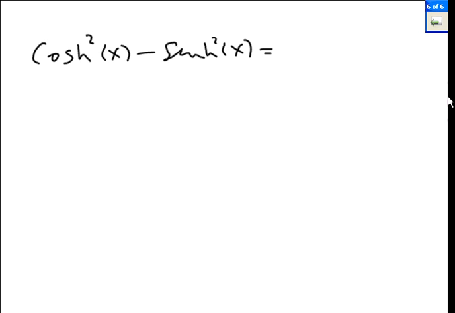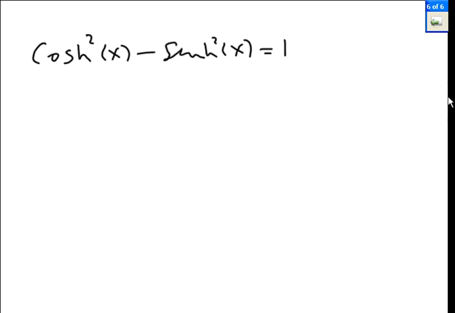Now, there are some identities that you should know. For example, cosh squared of x minus sinh squared of x. This is 1.